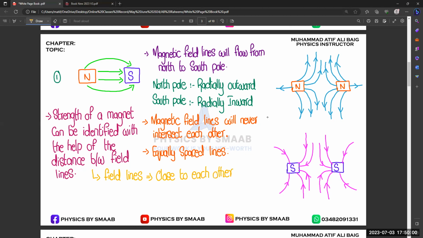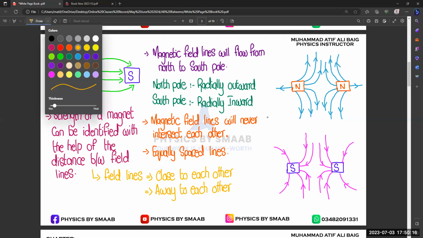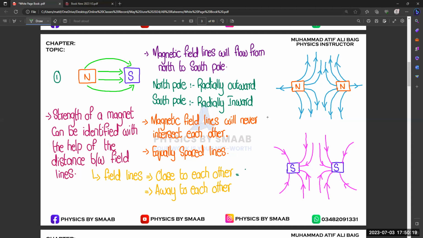And let's suppose field lines are not close to each other, so that gives you the indication that there is a weak magnetic field. So this is for a strong magnetic field and this is for a weak magnetic field, right? So this is the concept for a magnetic field.